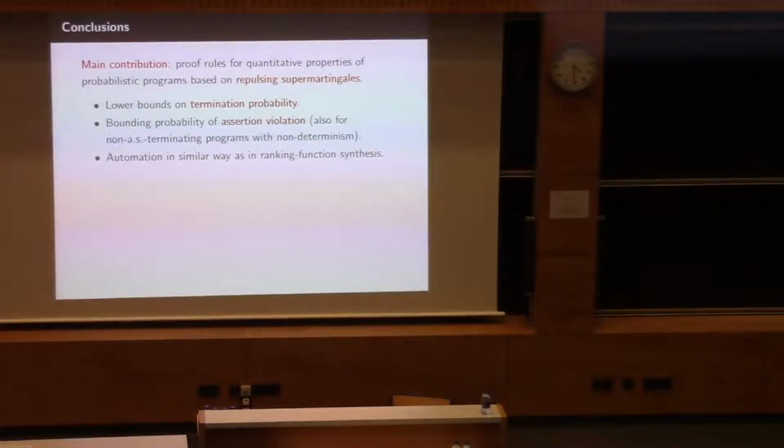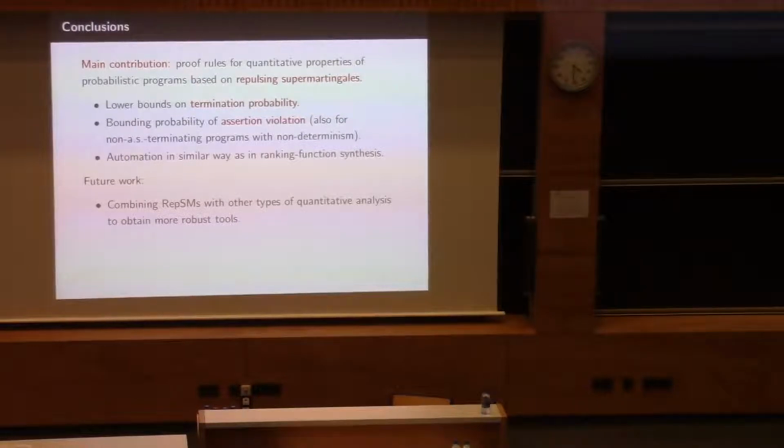So to sum up, I've presented some martingale-based techniques that can be used to acquire information about quantitative properties of probabilistic programs, like some info on termination probabilities or probabilities of assertion violation. And there is a clear way towards automating these techniques using similar methods as used in ranking function synthesis.